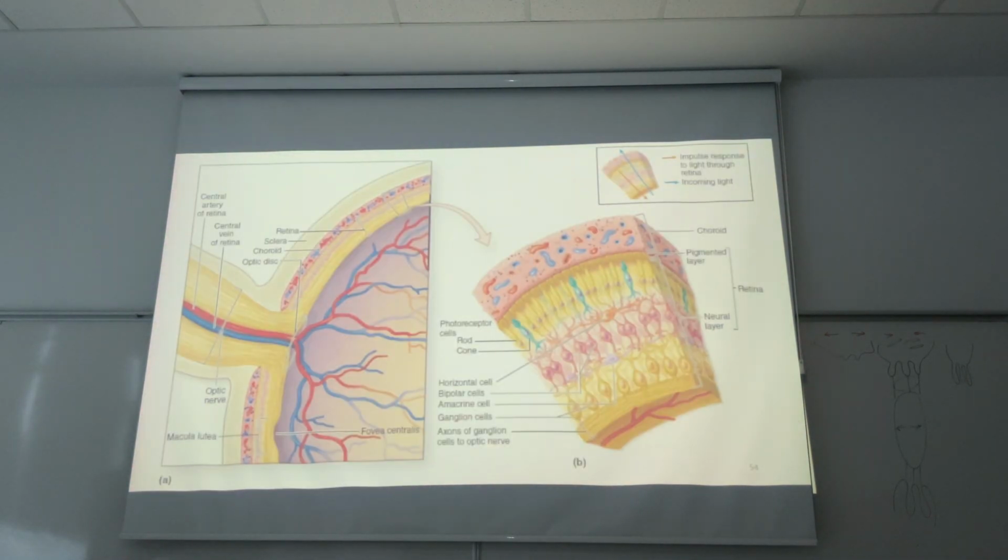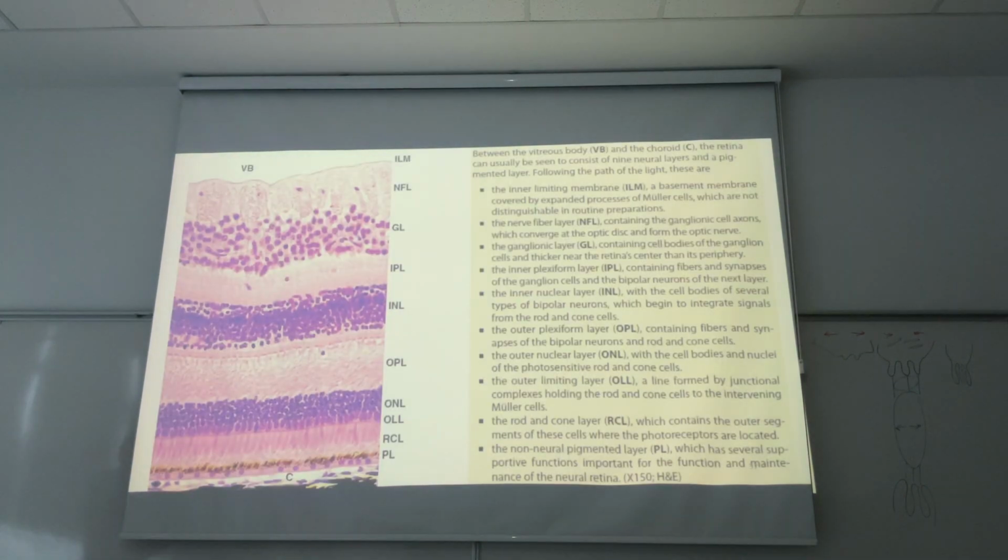Look at here, bipolar cells, dendrites. And the dendrites of horizontal cells are present in this layer. And also the cytoplasma of Muller cells.